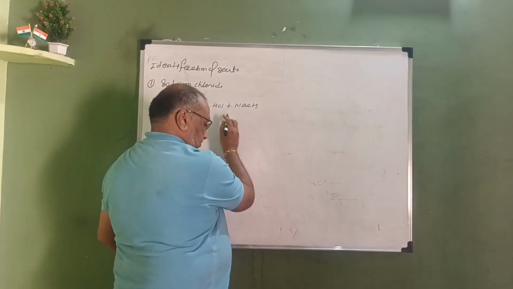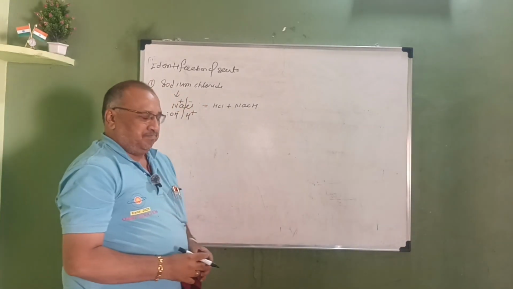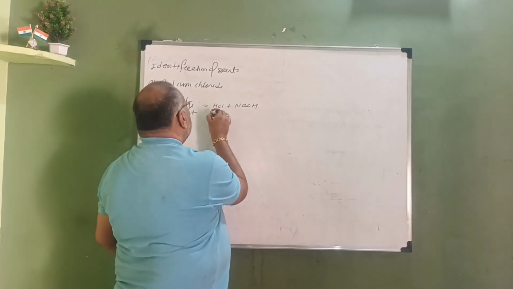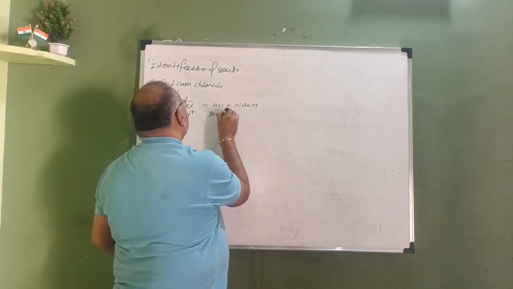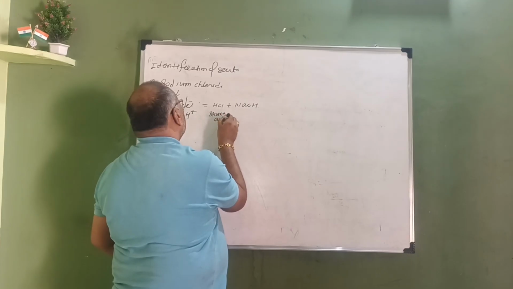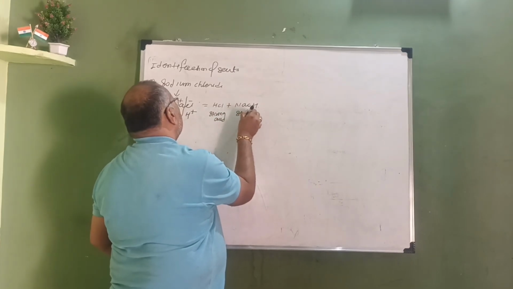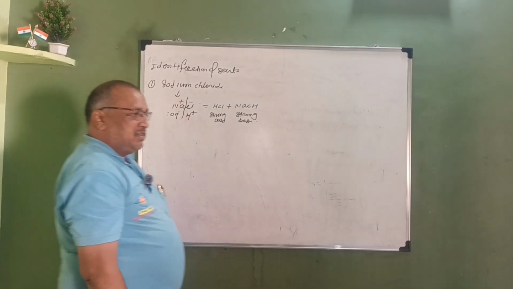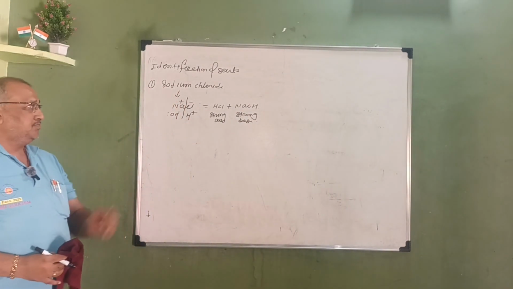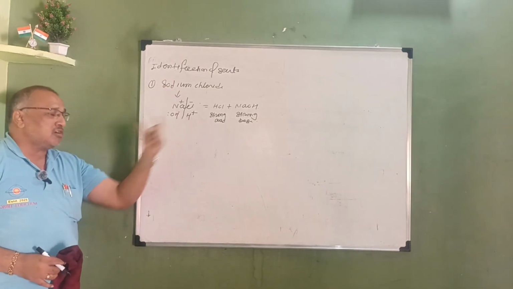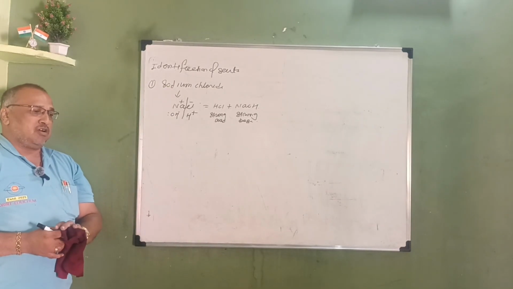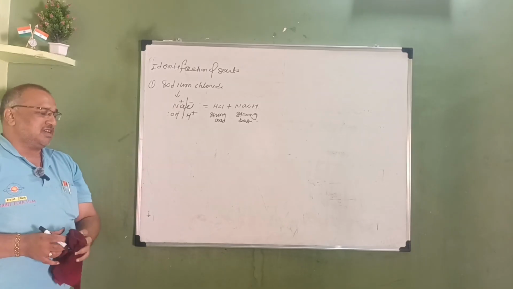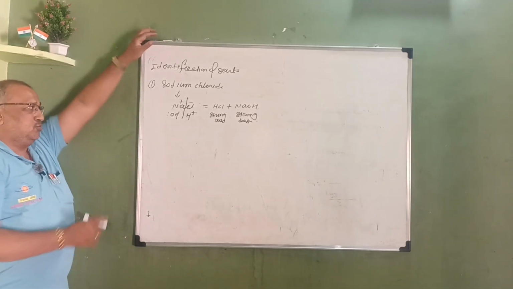Now here HCl is strong acid and this NaOH is strong base. That means sodium chloride is a salt of strong acid and strong base, and apply the concerning term to this.